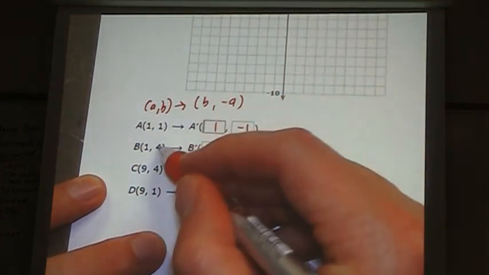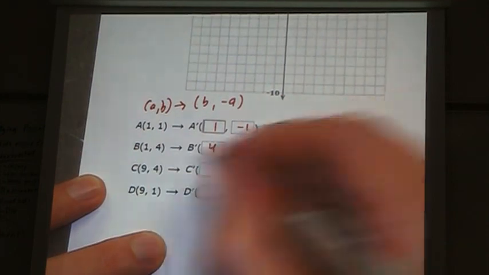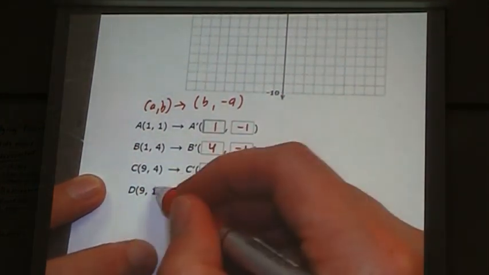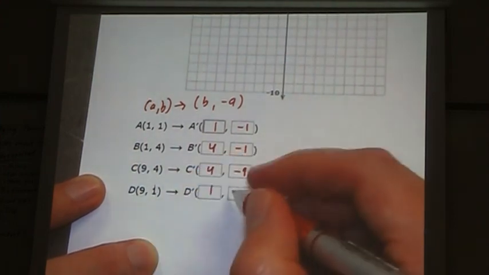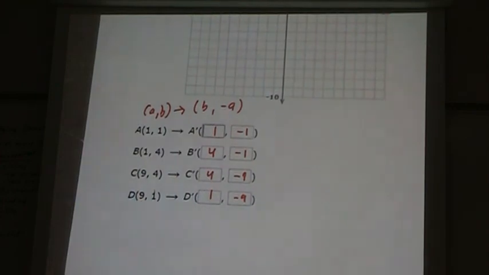So we just have 1, negative 1. 4 hops to the front, 1 drops back, becomes negative. 4 hops to the front, 9 drops back, becomes negative. 1 hops to the front, 9 drops back, becomes negative. And you're done. That's it.